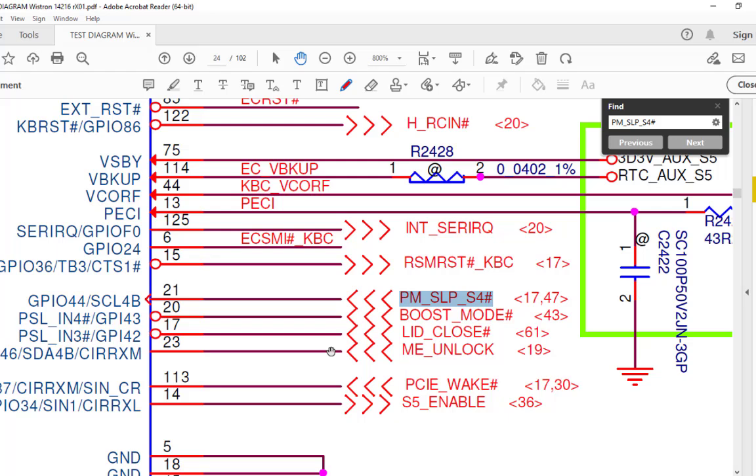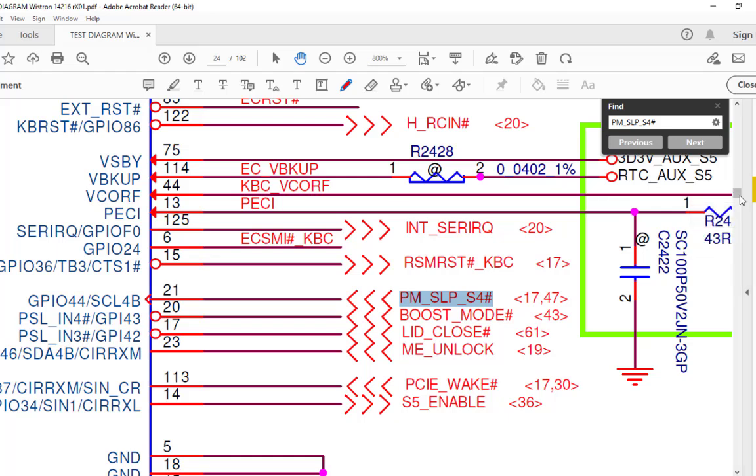The CPU is not emitting this signal PM_SLP_S4, and the S5 you can check as well. If this voltage is not coming, then the CPU may not be getting power, VCCDSW may not be coming, or RTC VCC is not coming. So you have to check all the previous signals, and find out why these signals are not coming.